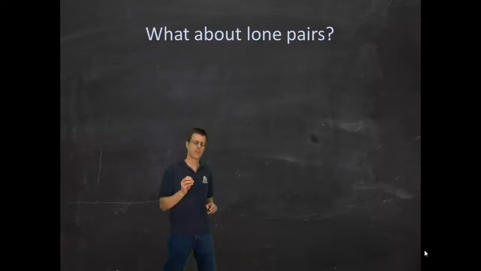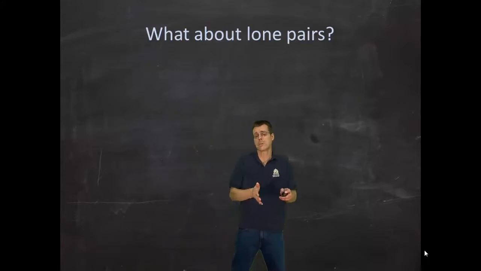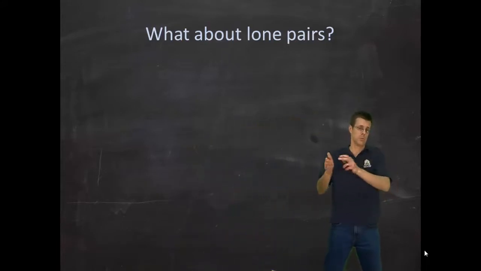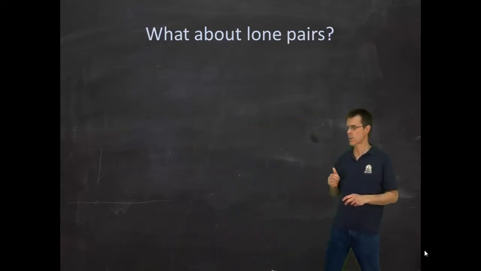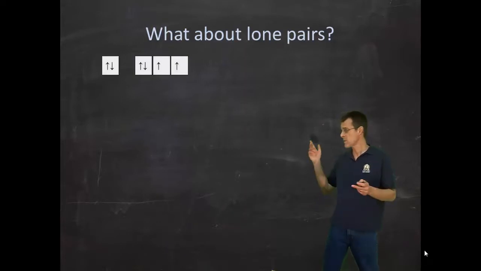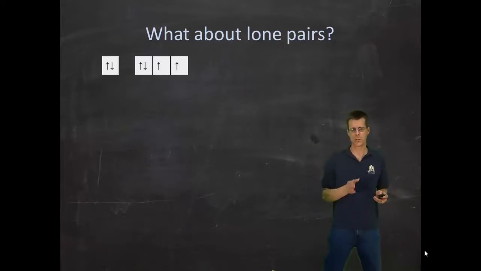Now, not everything that does this will always have 4 single electrons. It won't even necessarily have a promotion to an orbital. So if I think about lone pairs, then this one with 6 valence electrons, 2 in the s, 4 in the p, is probably going to be an oxygen or something like that, but in this case we'll use oxygen.